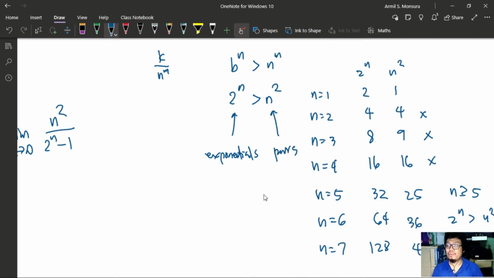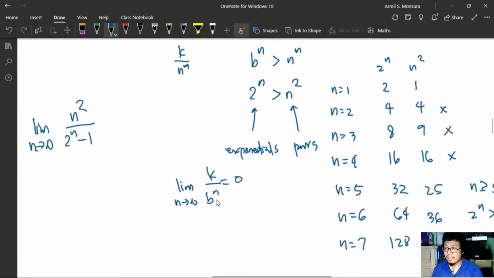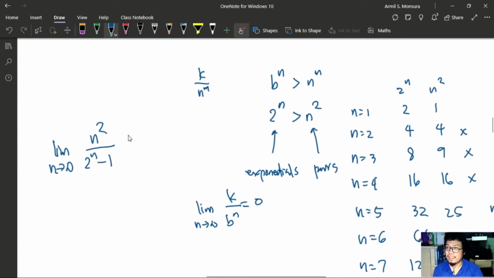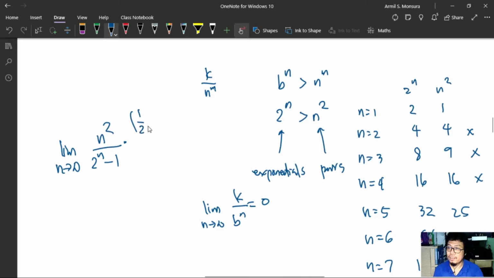Therefore, if you make an expression like k over b raised to n, the limit of this as n approaches infinity is still 0. Let us do that here. I can divide both the numerator and the denominator by 2 raised to n.